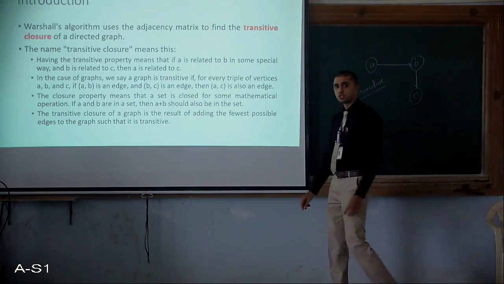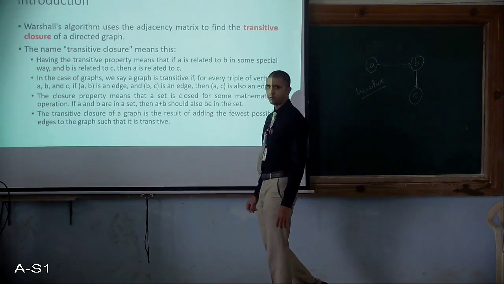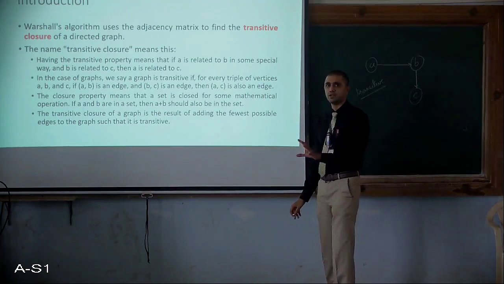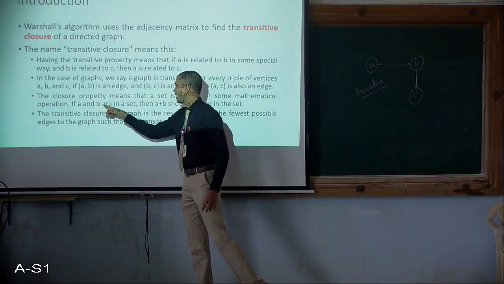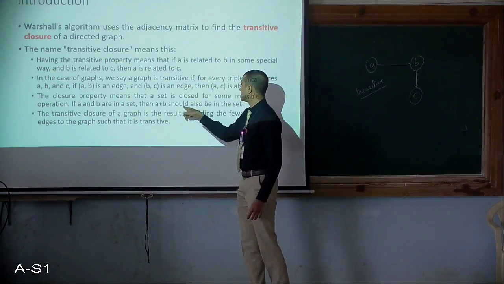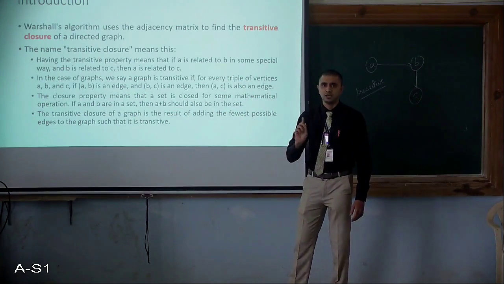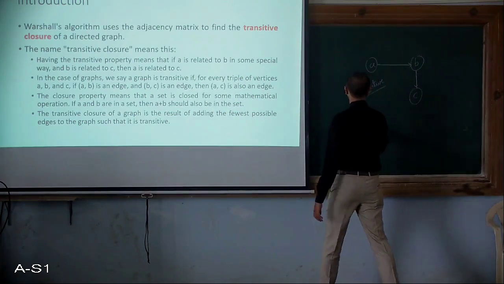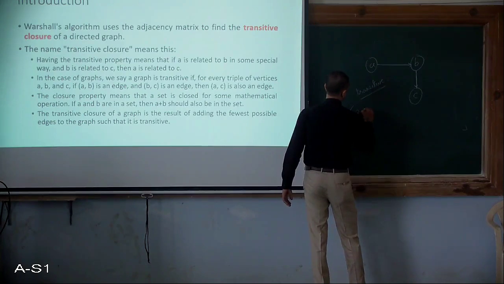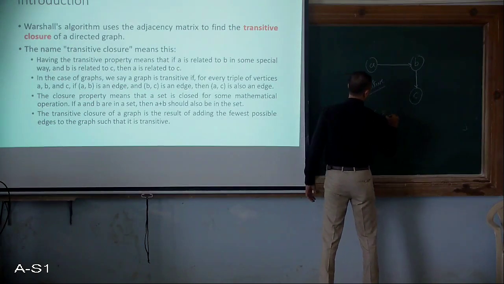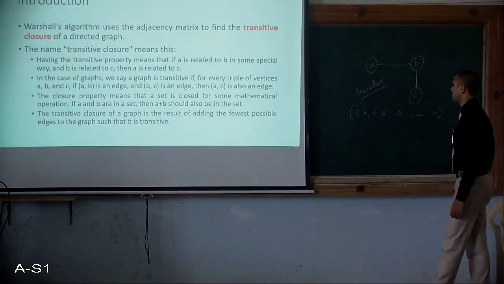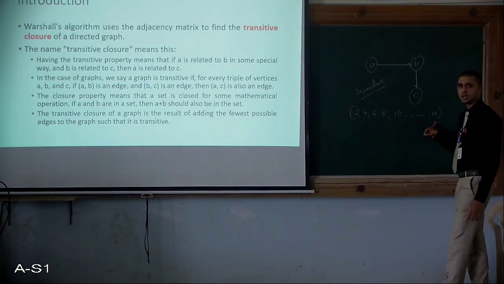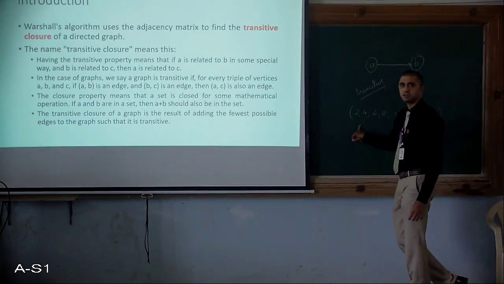Now let's see what is meant by closure with respect to mathematics. If you have a set of elements, if A and B are in a set, then A plus B should also be in that set. Say for example, I have a set of elements 2, 4, 6, 8, 10 up to n. This is a set of all even numbers.